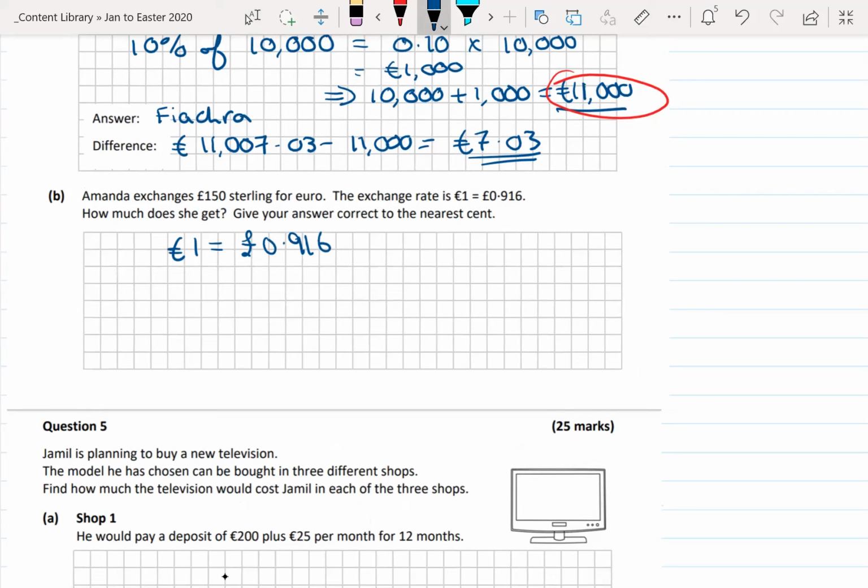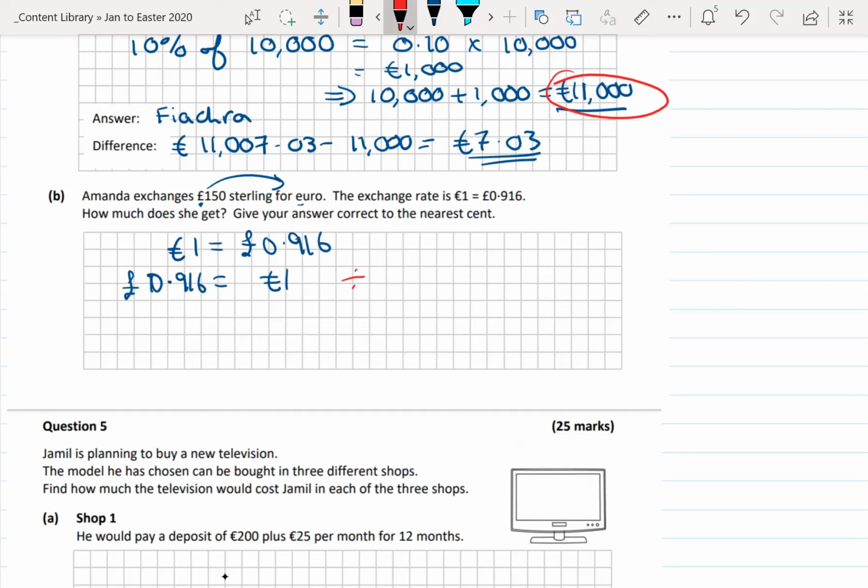So if we're going from sterling to euro, then let's switch around these. We're going from sterling to euro. If we're going from sterling to euro, we really need to know what 1 pound sterling is in euro. So to get 1 over this side, we divide by itself.